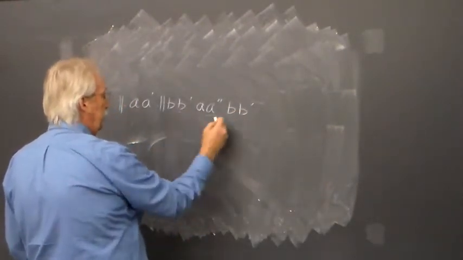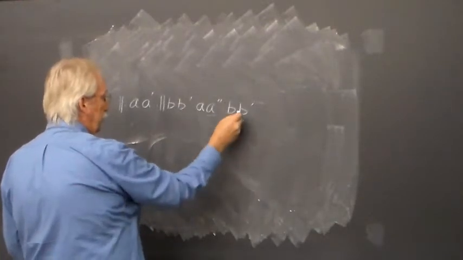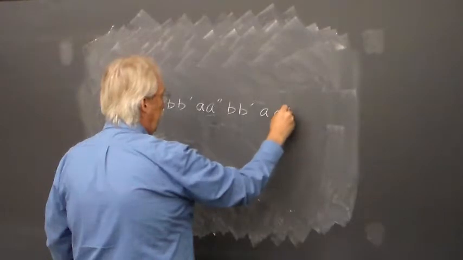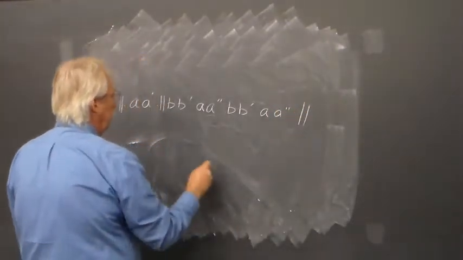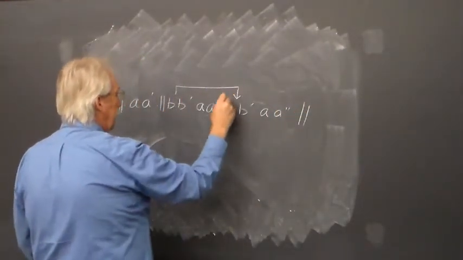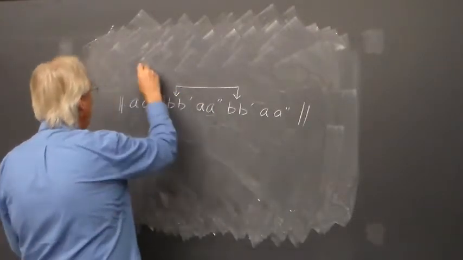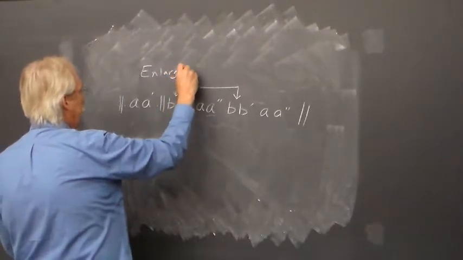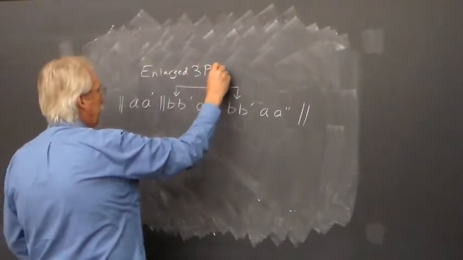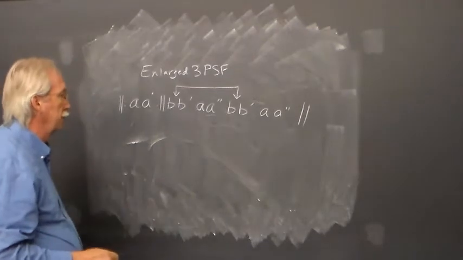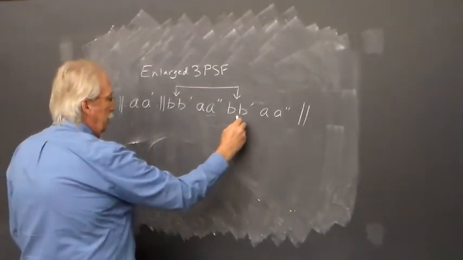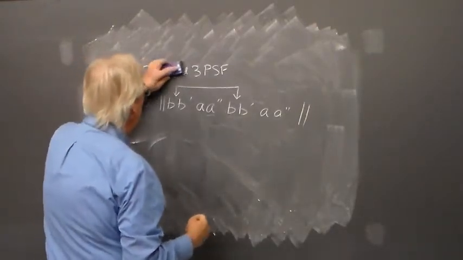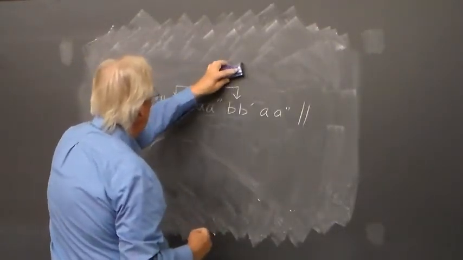It's not different enough that you're going to call these different versions of B, and then something like that. Then this would be an example of enlarged three-part song form.